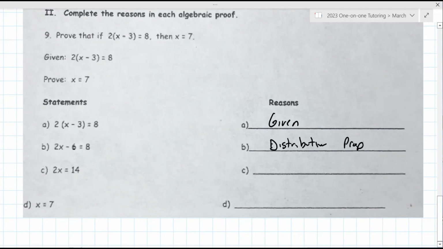What is being done here? How is it being manipulated? They subtracted the 6. They subtract the 6, or add the 6. Added the 6. So you can write addition property if you want. And then the last one here, they're dividing by 2. So that is the division property.